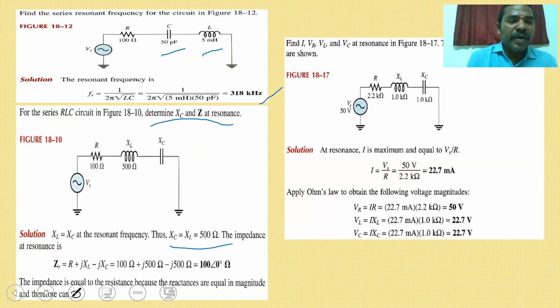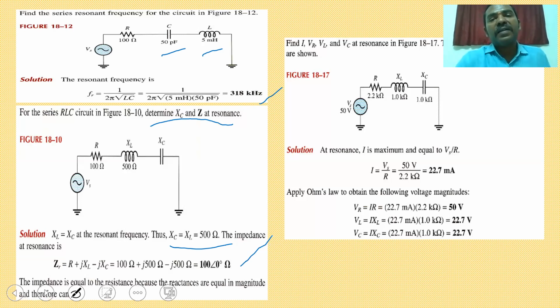Now the impedance is R plus JXL minus JXc. So 100 plus J times 500 minus J times 500. Finally you can get 100 at an angle of 0 degrees. You already know that under resonating condition the net reactance value must be equal to 0, so the impedance is only pure resistance.